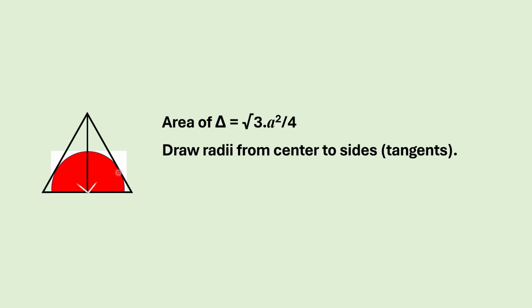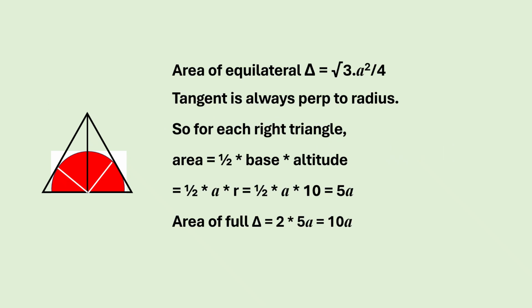You can see the white line in the animation, the radius drawn from the center to the sides of the triangle. A tangent is always perpendicular to the radius and the radius is always perpendicular to the tangent.